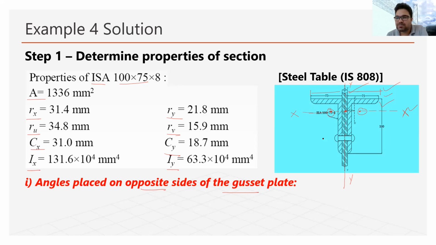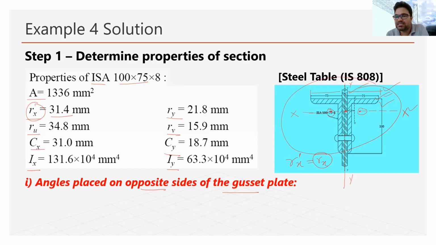So Rxx for the assembly, I am writing here Rx dash, will be equal to the Rx of the single angle section. Rx here is given as 31.4 mm. So this Rx 31.4 mm will be the same for the single angle section and for the whole assembly. That is the concept.